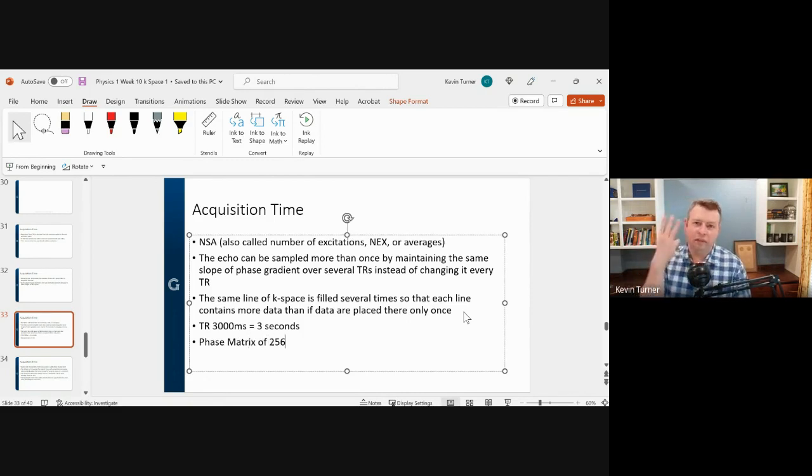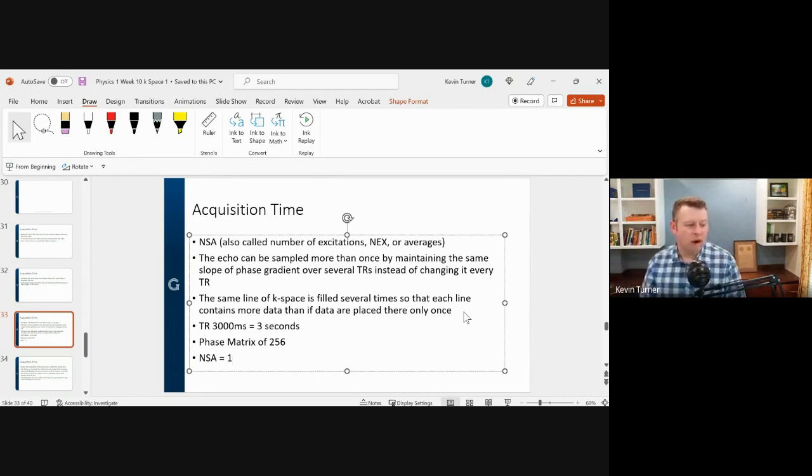That means every 3 seconds, I get one echo. How many times do I have to repeat that 3-second time period? 256 times. And if I said NSA equaling 1 means I'm only collecting all of the echoes once. NSA 2 means I'm collecting the echoes twice and putting them all in the same K-space. 3, so on and so forth.